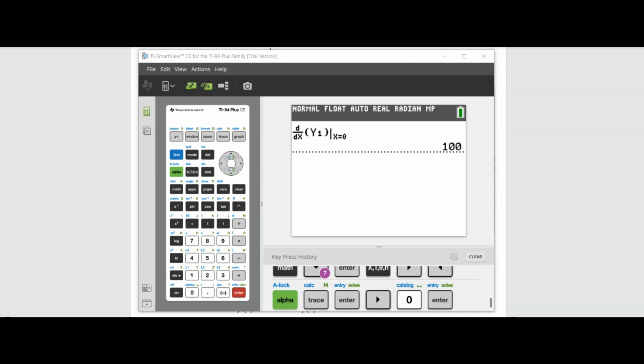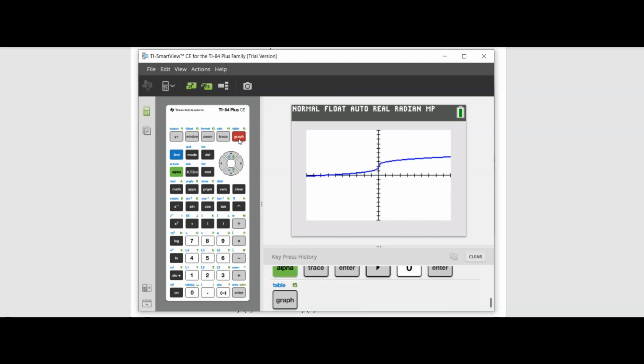Now, if you think back to what I said about this graph, if we graph this, I did mention that there's a vertical tangent at x equals 0. So if there's a vertical tangent there, well, the derivative can't have a value of 100, right, because the value of the derivative at a vertical tangent, the slope of a vertical line, is undefined.